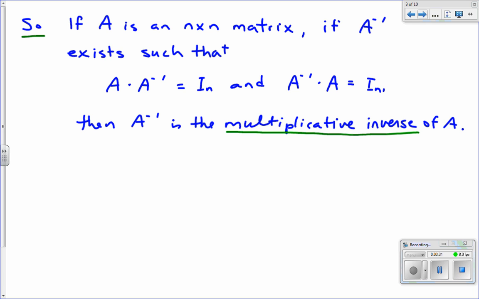We read this term as A inverse, not A to the negative 1. And when we talk about A inverse in that term, we're talking about the multiplicative inverse of A. So A inverse times A gives me I, and A times A inverse gives me I.